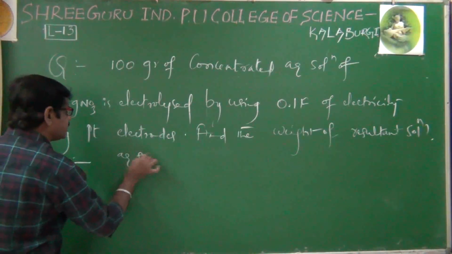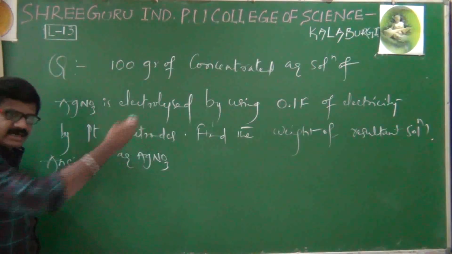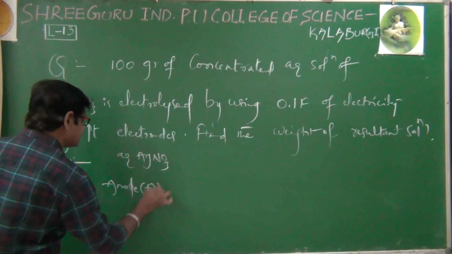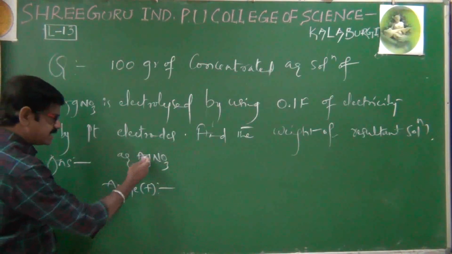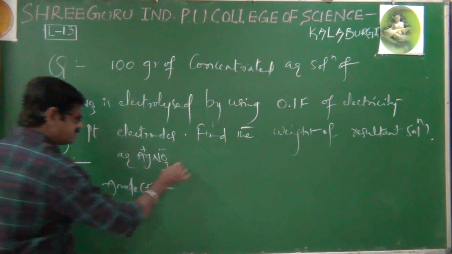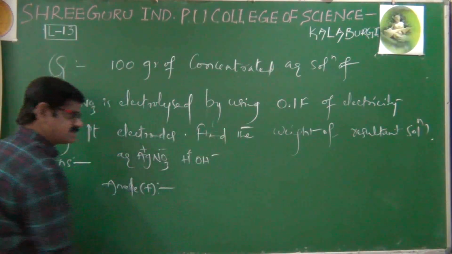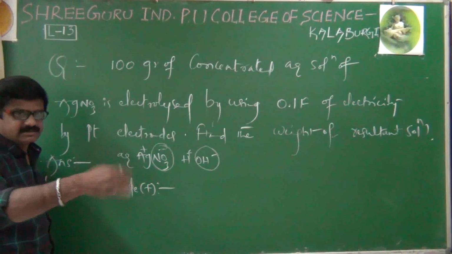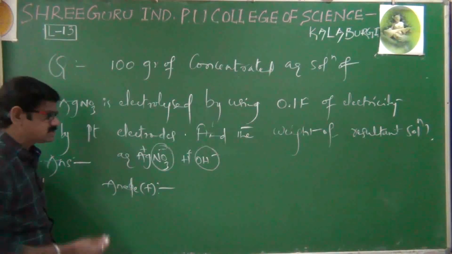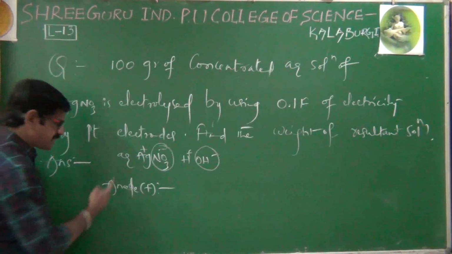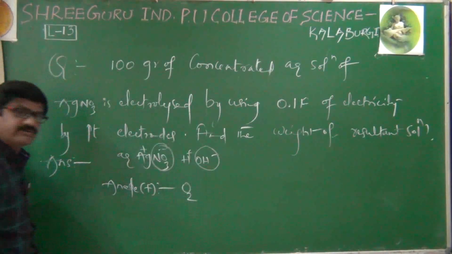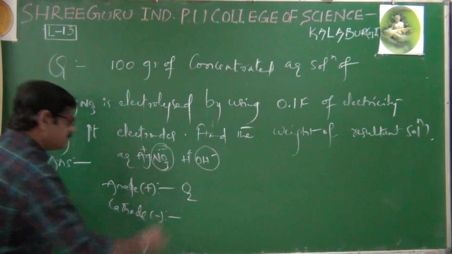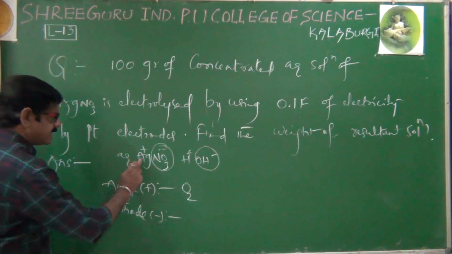If aqueous silver nitrate undergoes the electrolysis process, and we have already discussed this in our previous videos, at the anode, which is the plus electrode, minus ions are attracted, meaning NO3 minus, and since it is aqueous, H plus and OH minus ions are also present. Out of NO3 minus and OH minus ions, based on their discharging potential order, the OH minus ion will come and discharge, meaning oxygen gas will be liberated at the anode. At the cathode, which is minus, plus ions will come and discharge, meaning Ag plus and H plus.